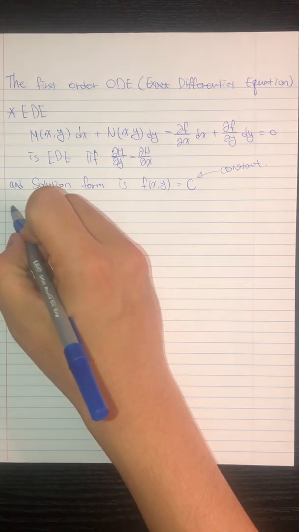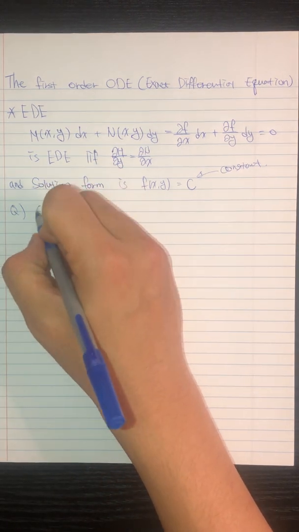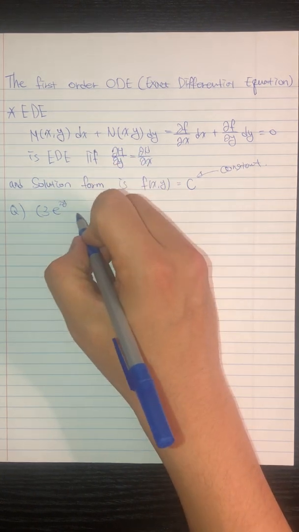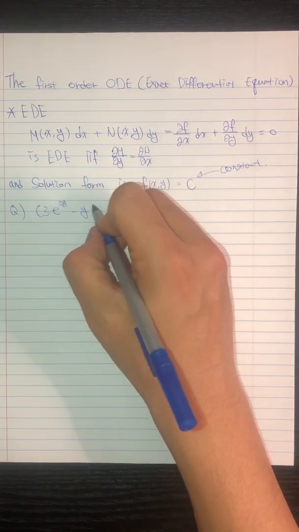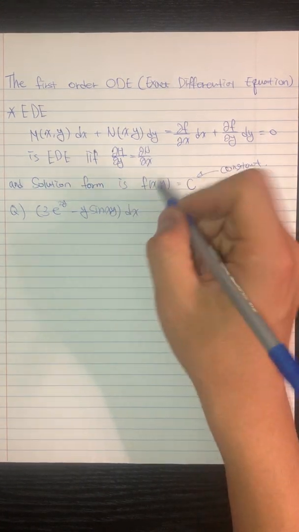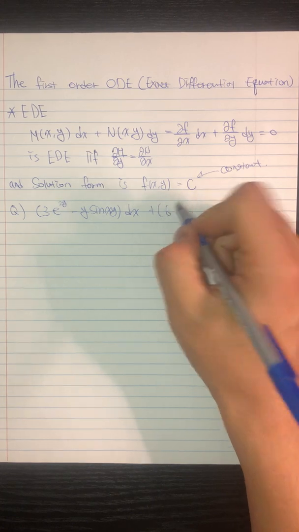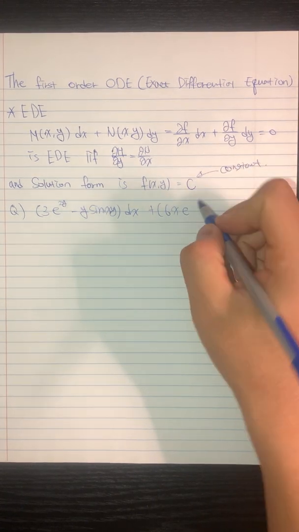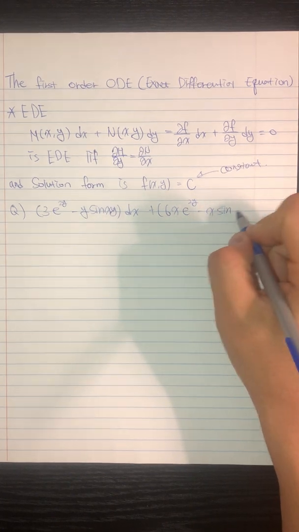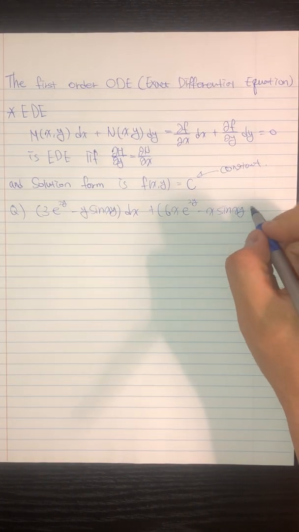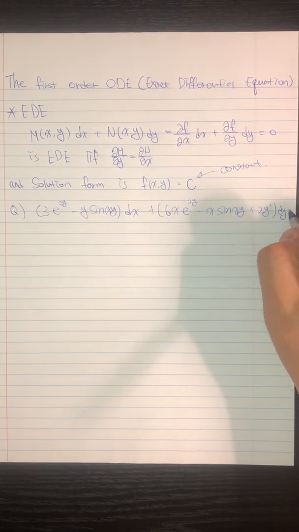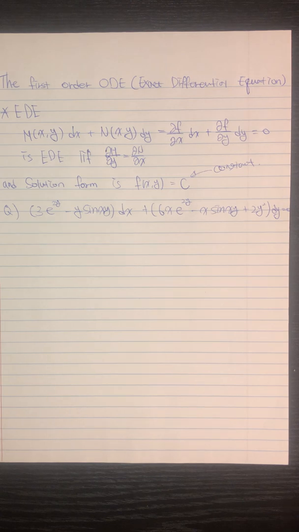So here's my question: (3e^y minus y sin(xy)) dx plus (6x e^y minus x sin(xy) plus 2y squared) dy equal to 0.